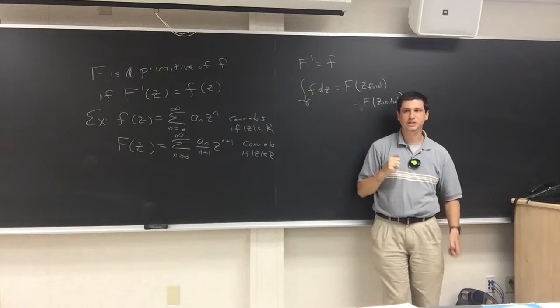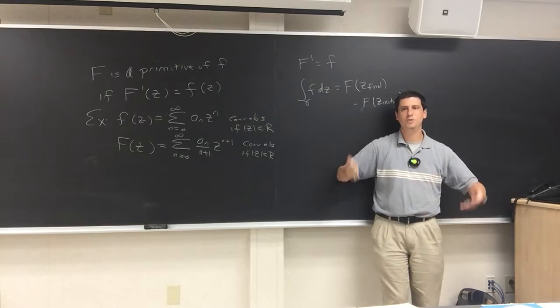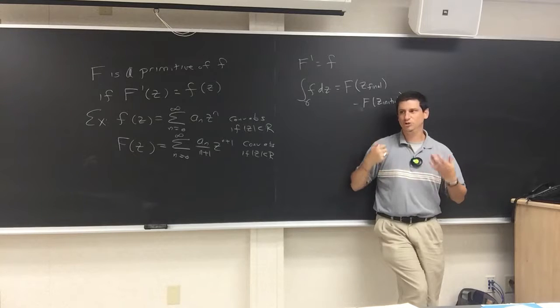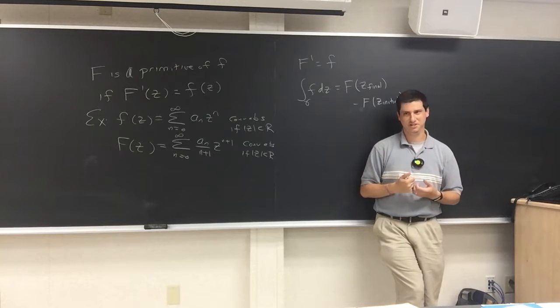And the proof is basically the change of variable formula from Calc 3. And so you just go through, you parameterize the curve, and because we have an antiderivative, you're fine. If there were a lot of physics students in here, I would talk about a potential function, and you're integrating basically the gradient. And you're basically looking at the potential difference.